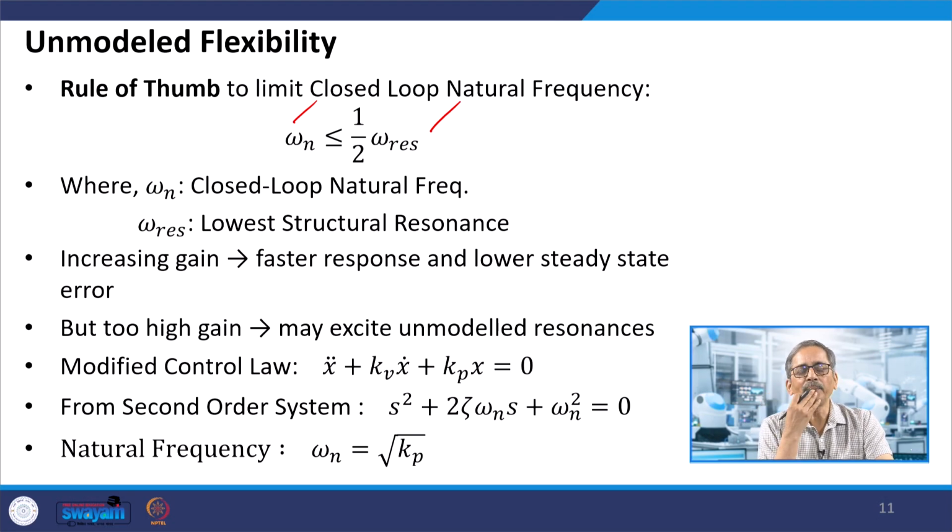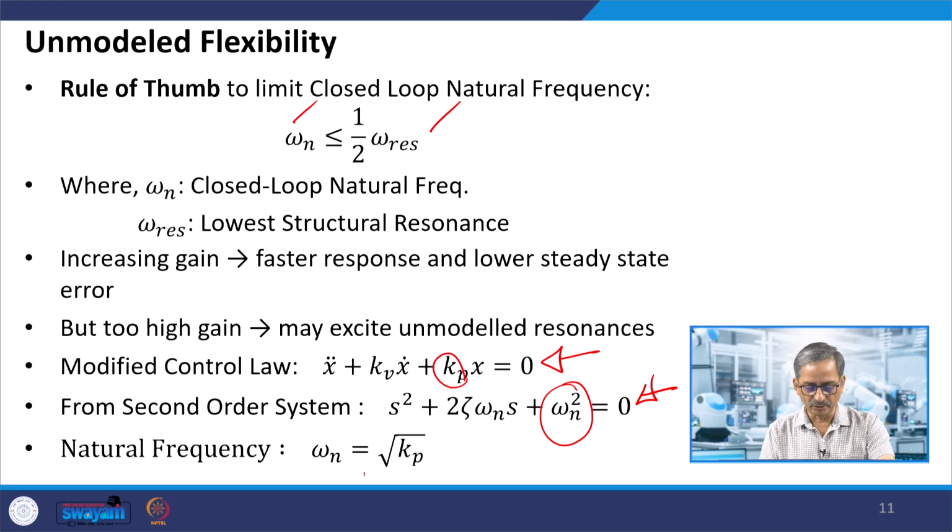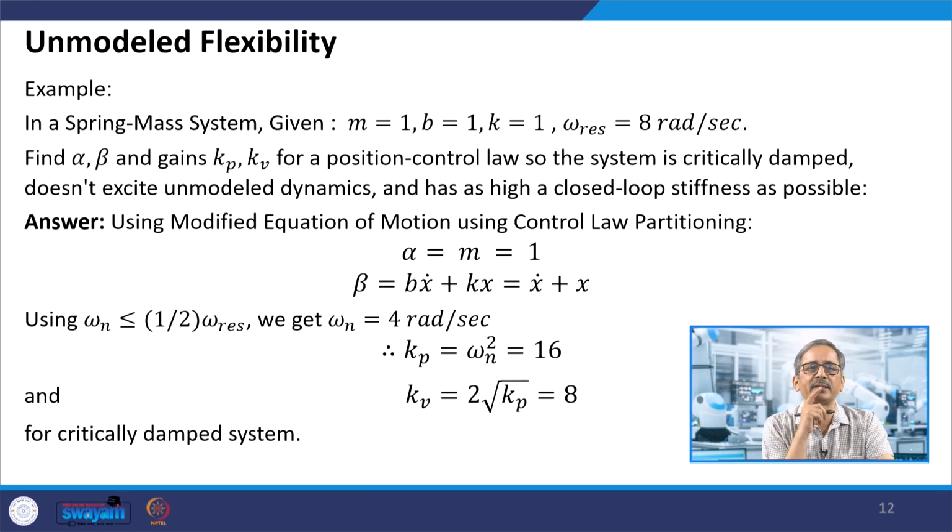So, there could be criteria to get the gain values. What should be the gain values? That we can get by taking analogy from this control law expression and from the second order system: omega n squared as Kp here and omega n as root of Kp. Let us take an example for this.